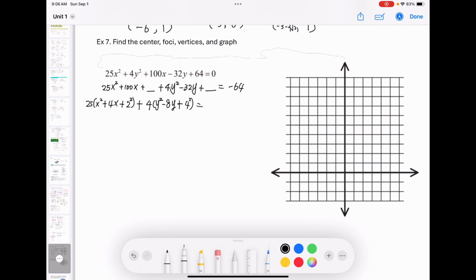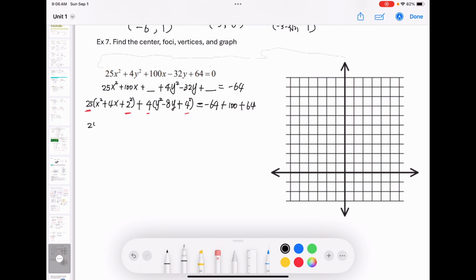And on the other side, -64 plus something. So plus the multiplication of 25 and 2 squared, which is 100. And then plus the multiplication of 4 and 4 squared, which is 64. Okay, we made two perfect squares.